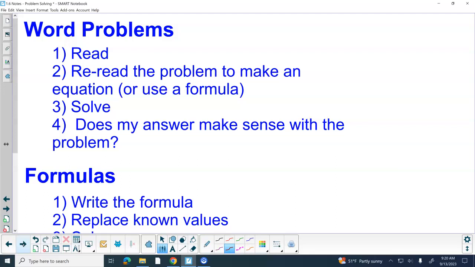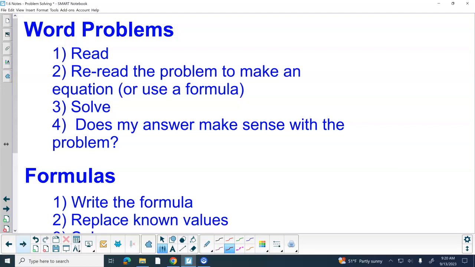People don't read the problem. You should actually read the problem first. Before you even do anything, you should read the entire problem. Because by reading the problem, it tells you what you are going to need to find. And that which you are going to find is probably going to be your variable.